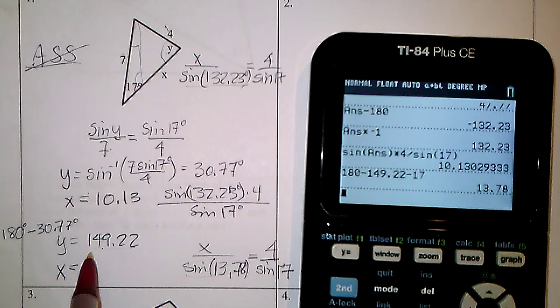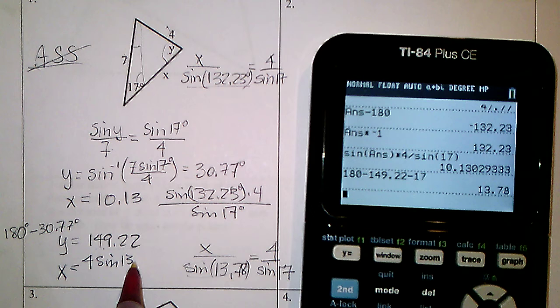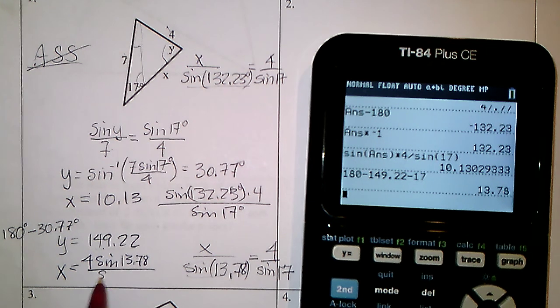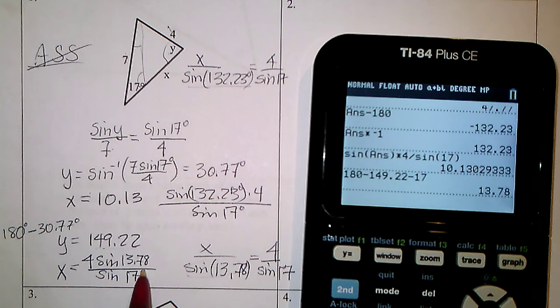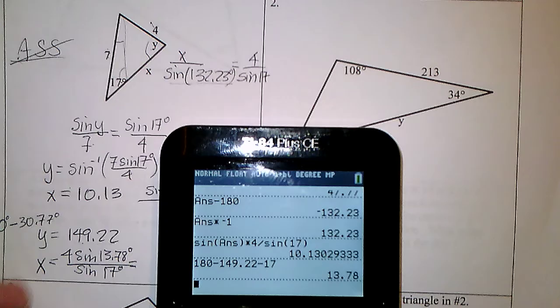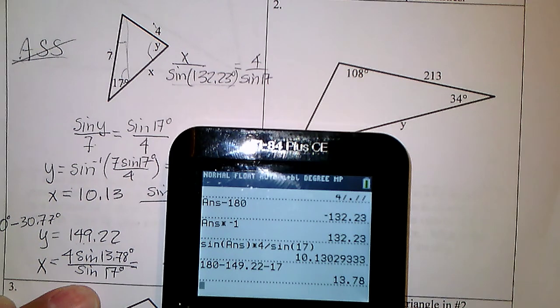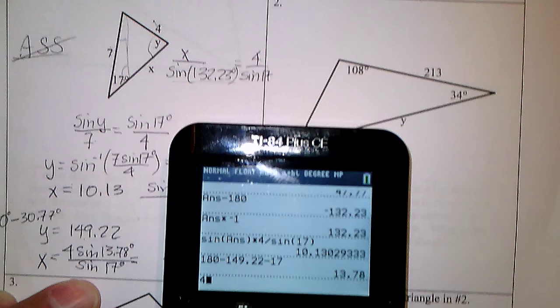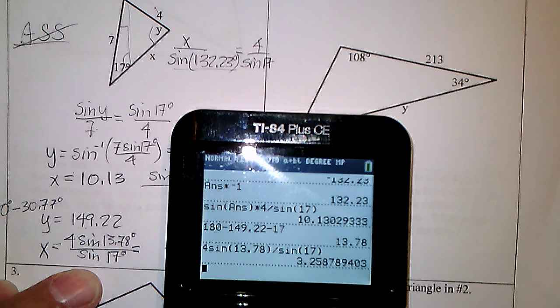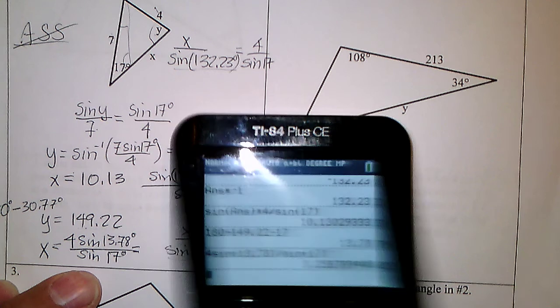So I'd get 4 sine of 13.78 over sine of 17. And the side I would get is 4 sine of 13.78 divided by sine 17, 3.26.